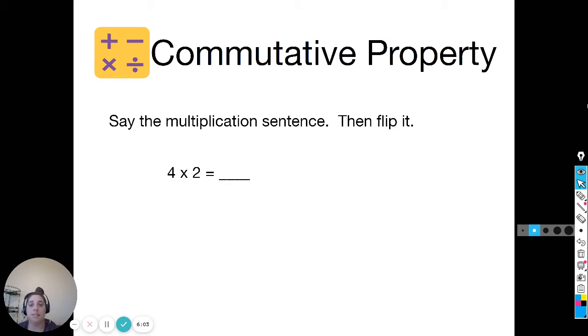Okay, we're going to go ahead and say this multiplication sentence, and then we're going to practice flipping it, because the commutative property says we can take our two factors and flip it, and the answer stays the same. So first we have 4 times 2, so let's solve it by counting by 2's 4 times. Ready? 2, 4, 6, 8.